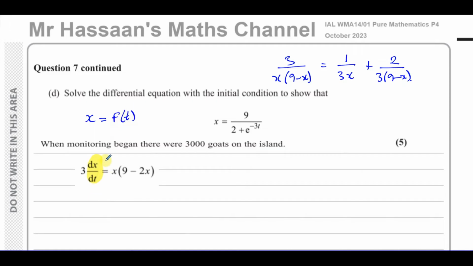So when you solve a differential equation which has dy dx in it, you write your answer as y equals some function of x. In this case, x is going to be some function of t, as we can see here. x equals something with t in it. So that's the objective of solving a differential equation.